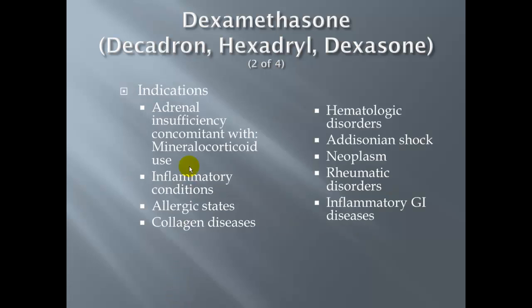Indications: adrenal insufficiency, concomitant with mineralocorticoid use, so your adrenal glands pretty much went kaput. Inflammatory conditions, allergic states, collagen diseases, hematological disorders, Addisonian shock, neoplasm, rheumatic disorders, and inflammatory GI disease.